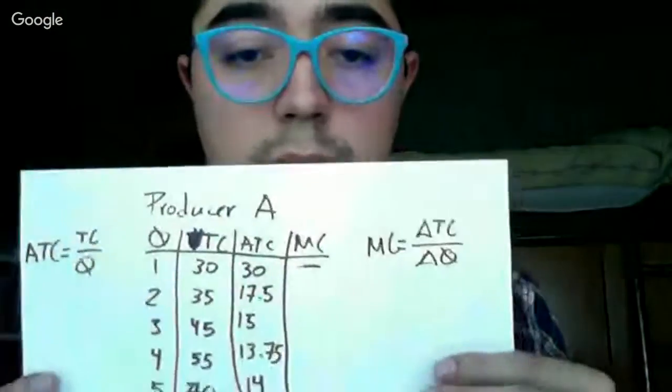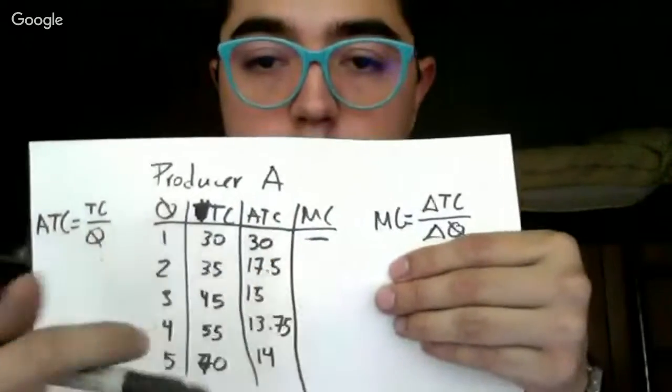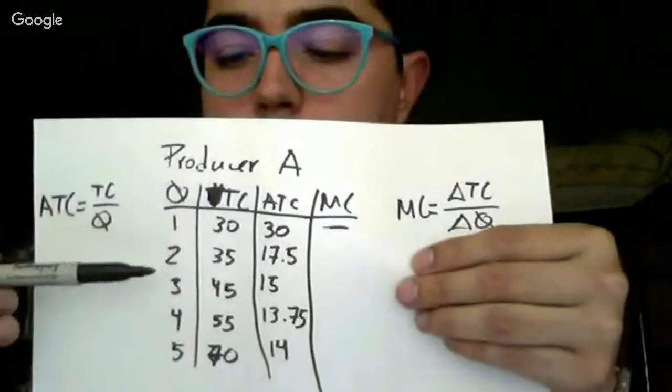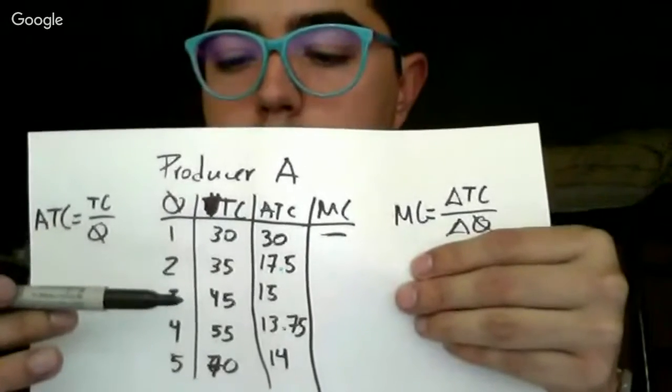So we just put a line. Important that you do not put 0 in here, because what this means is that we don't have information to calculate it. Now we can calculate for a second unit, so we subtract. So the delta TC for the second unit will be 35 minus 30, which equals 5.